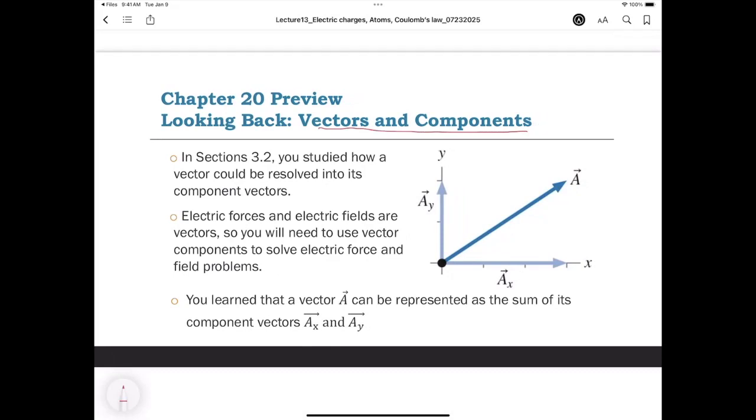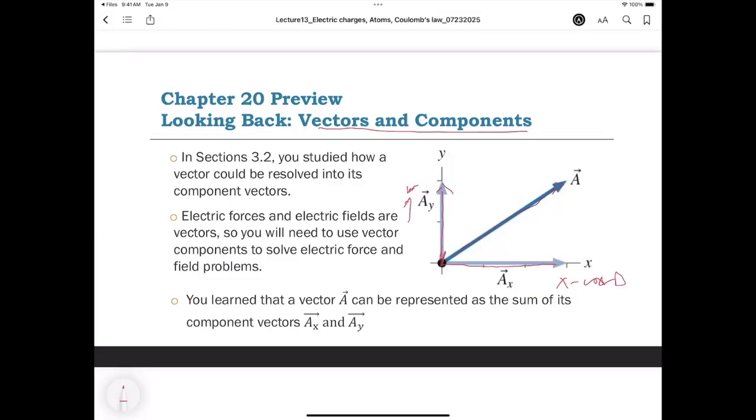You can see this vector can be divided into different vectors like Ax and Ay: Ax along the x-axis and Ay along the y-axis. Electric forces and electric fields are vectors, so you will need vector components to solve electric force and field problems.